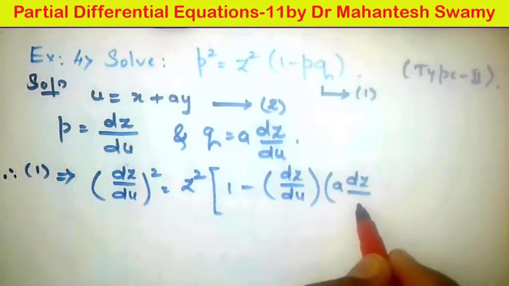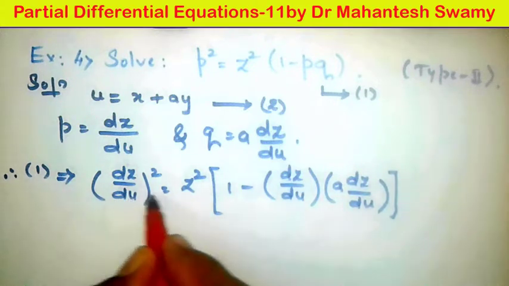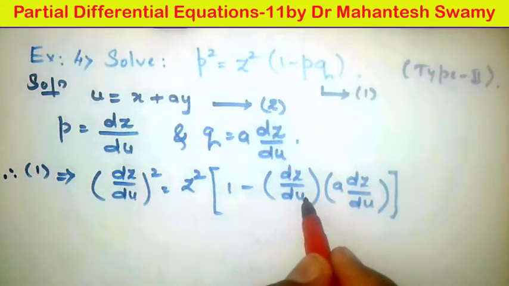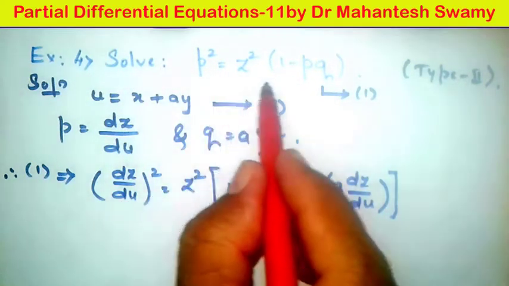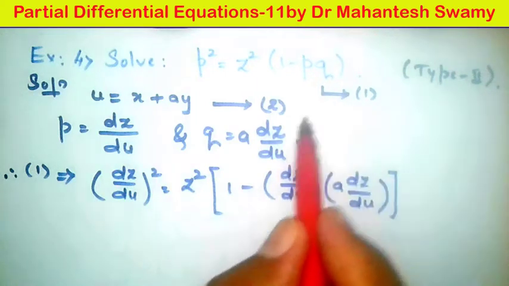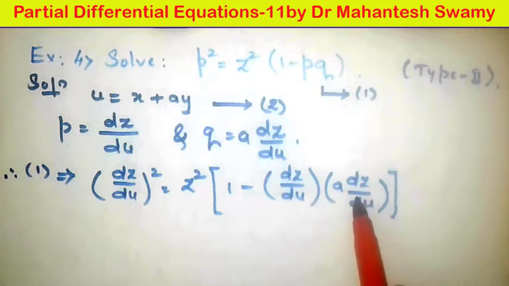Now we observe that only ordinary derivatives are involved, so the differential equation becomes an ordinary differential equation. Through this substitution we have converted the given partial differential equation into an ordinary differential equation. Even though it is a non-linear ODE, it can be solved very easily.